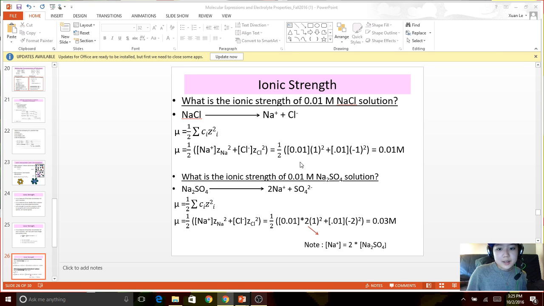So right here it's going to be 1/2 times 0.01, which is the concentration of the sodium, times 1 squared, which is the charge of sodium, plus 0.01 again, which is the concentration of chloride, times -1 squared, which is the charge of the chloride ion. That's going to give us 0.01 molar. And then same thing for the sodium sulfate solution.